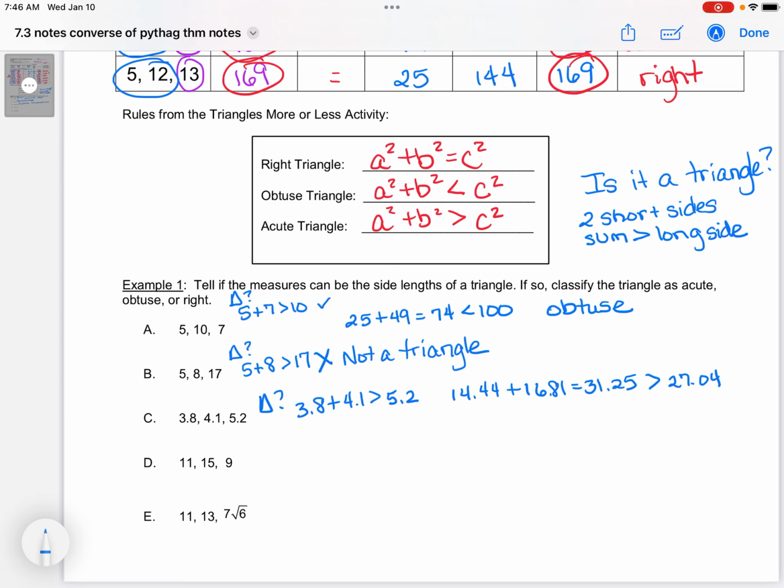So if 31 is greater, a squared plus b squared is greater than c squared, it is acute.